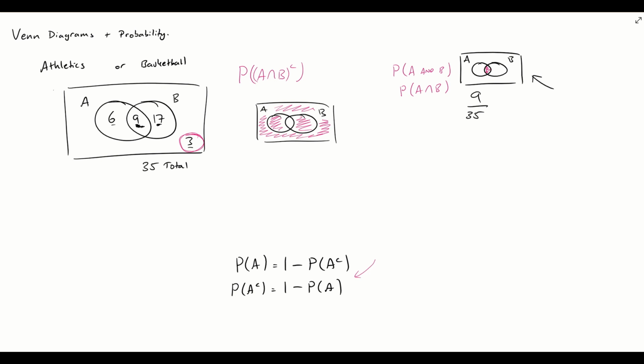Now we could add this up on our map over here, and we would get 6 plus 17 plus 3 for 26 out of a total 35 people. Or we could do 1 minus whatever it was over here, and in this case, it was 9 out of 35. So we would end up with 26 out of 35 also.